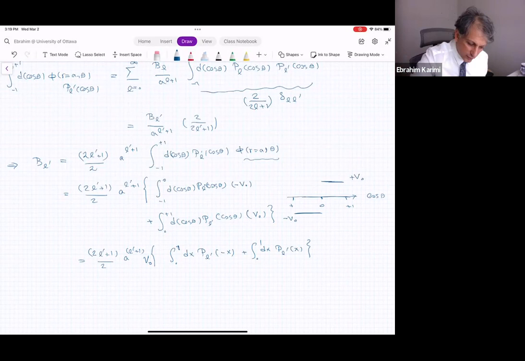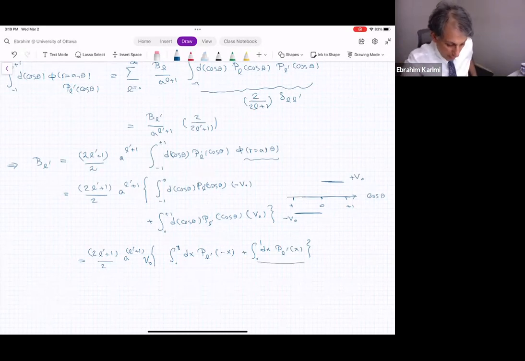And what I have done for the first term, I swap x with minus x, so dx will be replaced by minus dx, and the interval will be swapped. You will get another minus sign, which they will cancel out. Inside of the Legendre polynomial, you will get minus x because we already changed x to minus x. And then the other term is the same.